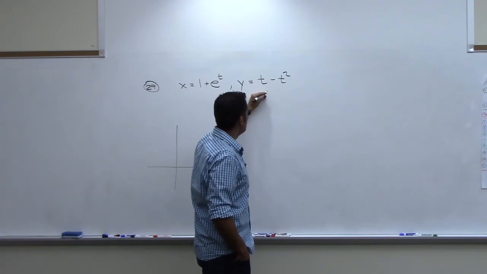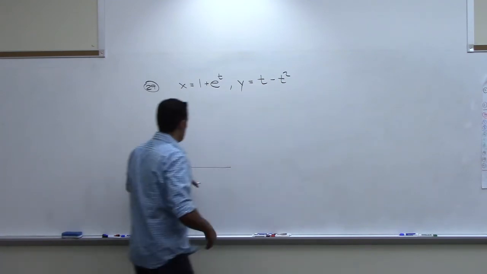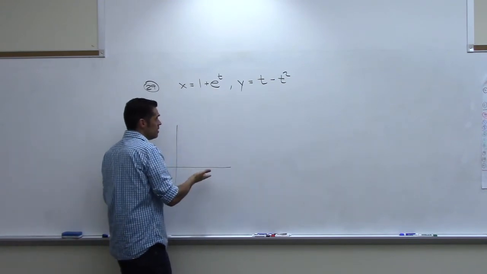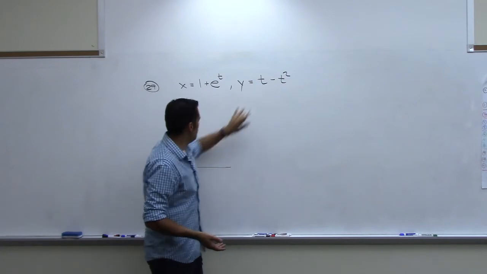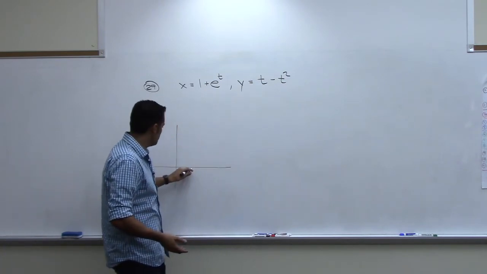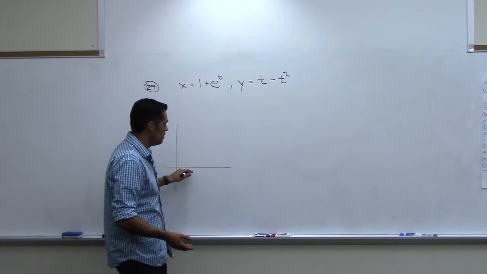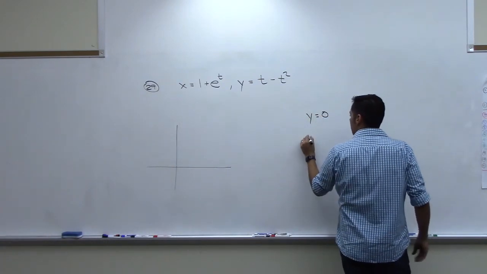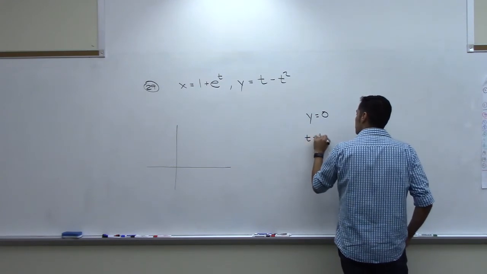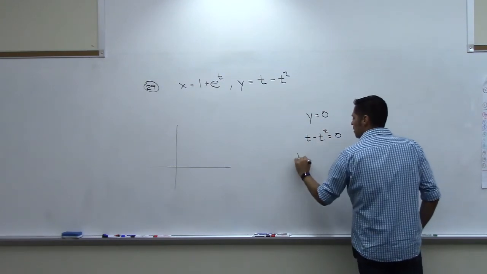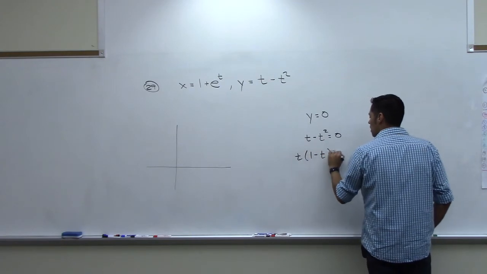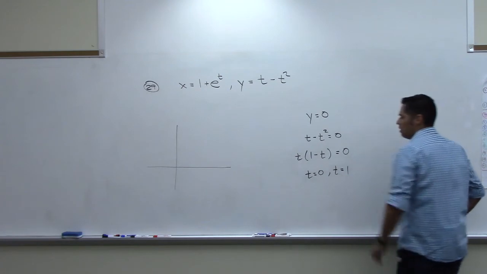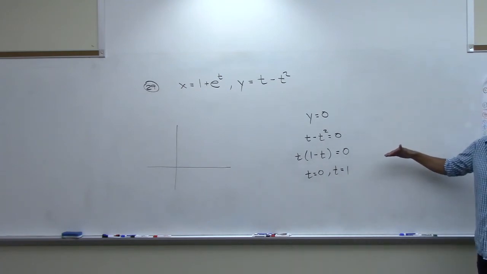I would like to know the area between this curve and the x-axis, so I would like to know when this y coordinate is 0, because that would give me x-intercepts. Let me set y equal to 0, so t minus t squared equals 0, which means t times 1 minus t equals 0. So I should get t is 0 and t is 1.